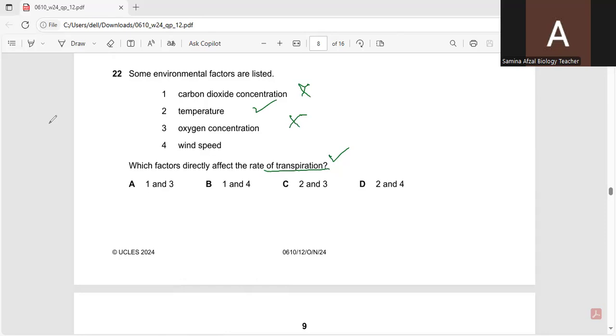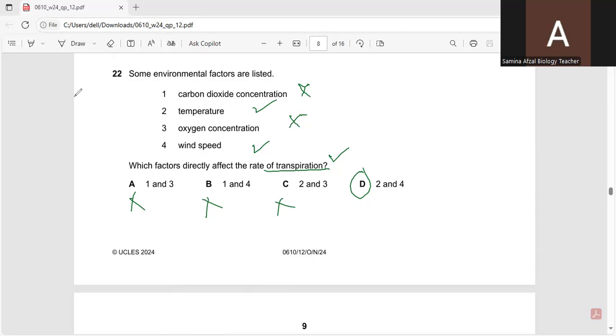Wind speed also affects the rate of transpiration, as if the wind is fast, the rate of transpiration will increase because the fast wind will take away the water molecules around the plant tissues. So factors 2 and 4 are the correct options, and according to them, D is the correct option. A, B, and C are not correct.